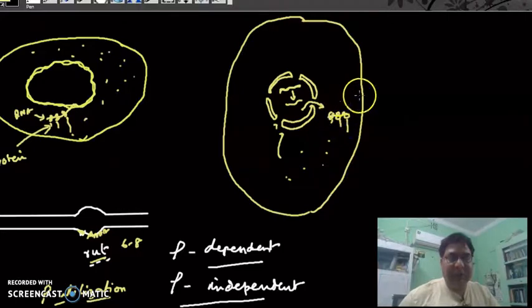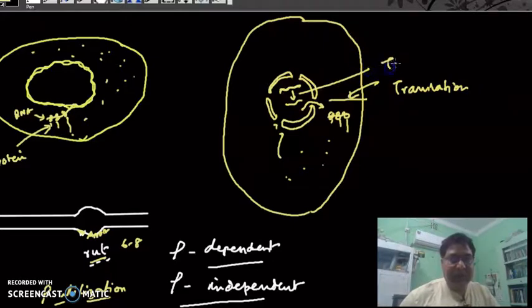So the RNA, when it comes out, these ribosomes get access to bind here and protein synthesis starts. So here you can see the protein synthesis, the translation, and this is transcription. Both are temporally and spatially separated by the nuclear membrane.